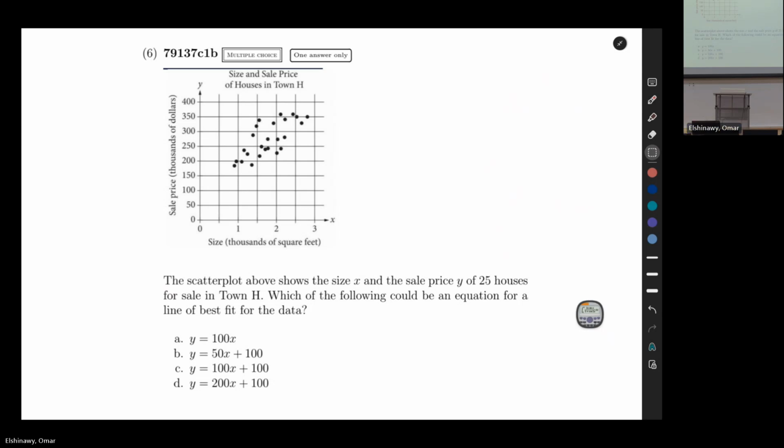So the answers all are linear equations. This looks like you could just fit a line there and it would look nice. So linear equation, two things: slope and y-intercept. What can you say about them?